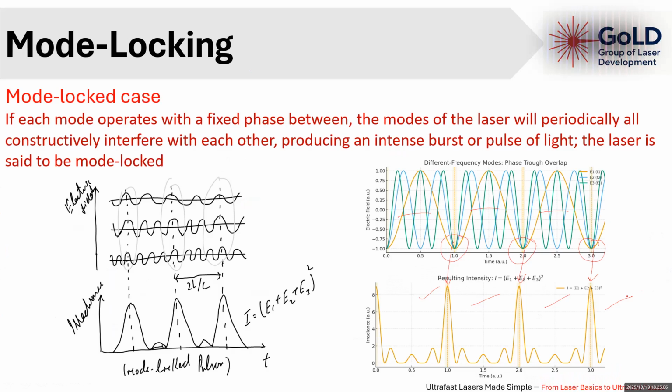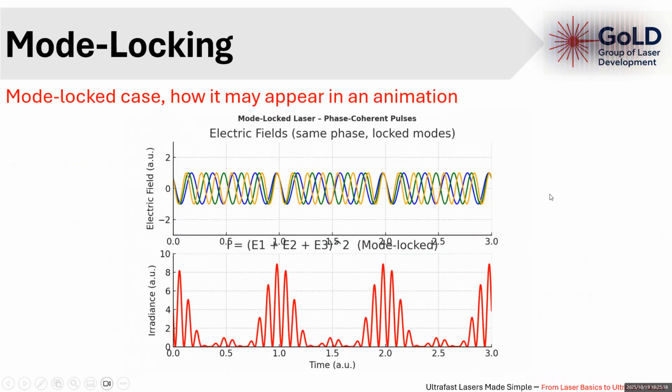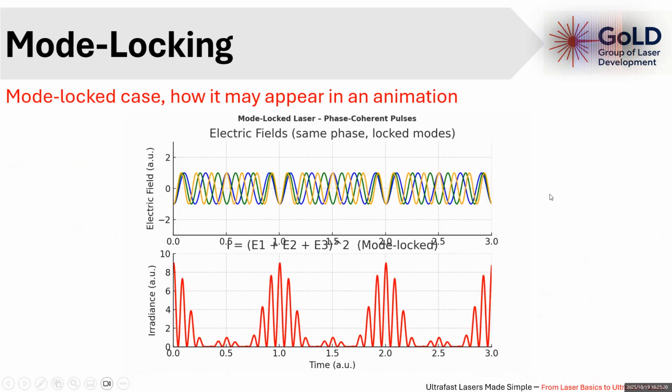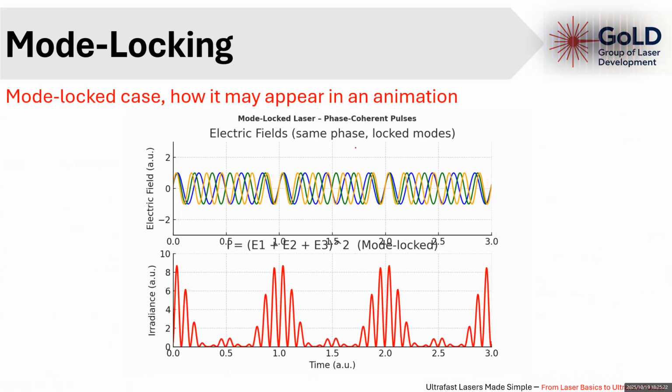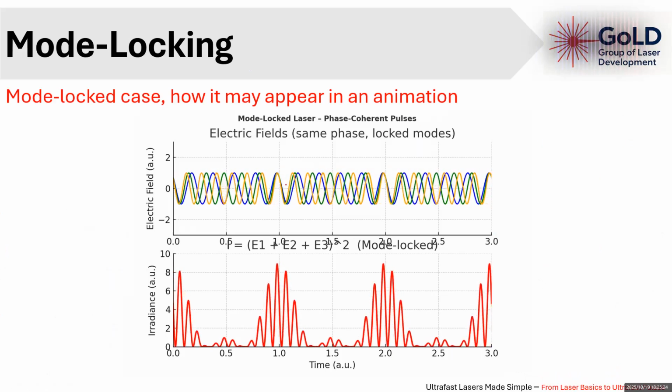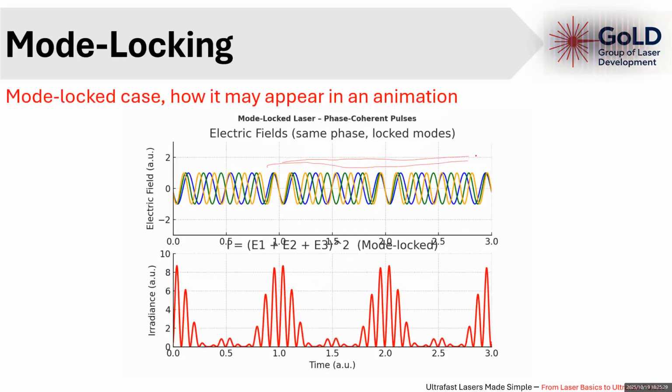So these are the pulses because of this phase locking of different modes or different wavelengths, we can say. Next slide, you will see some animation here. So what do you see here? These are different modes, different wavelengths.